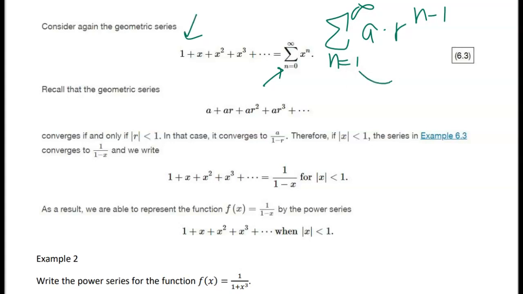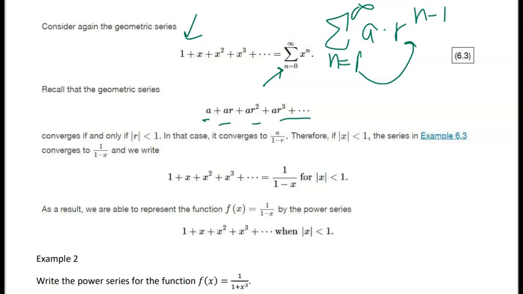But if I plug in 1 here, I end up getting r to the 0 anyway. So that's why it starts at a and then ar. I could start this at 0 and then just adjust what my a value is, and that's possible to do as well, okay?